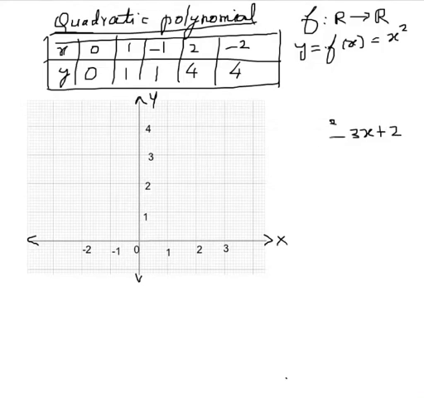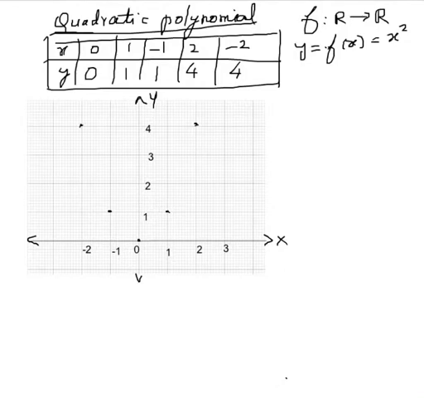But I have taken a very simple quadratic function, y is equal to x square. Let us plot the points. 0, 0, 1, 1, and for 2 it is 4. And for minus 1, 1, for minus 2 it is 4.